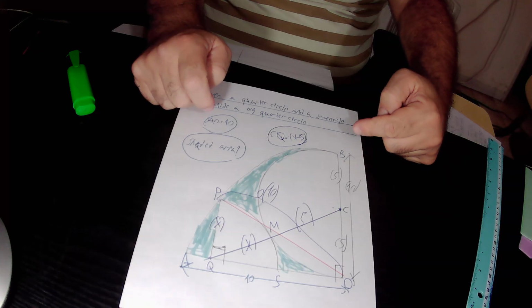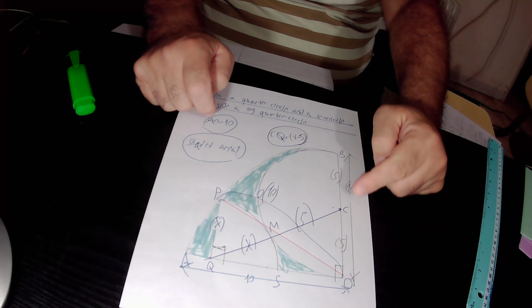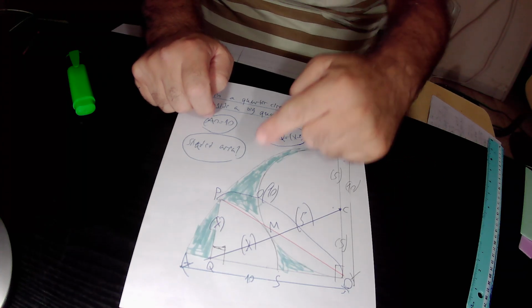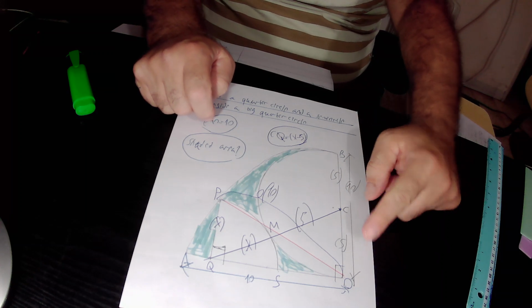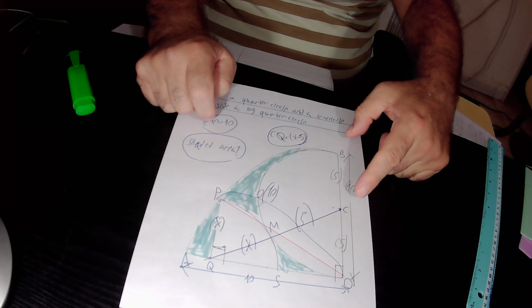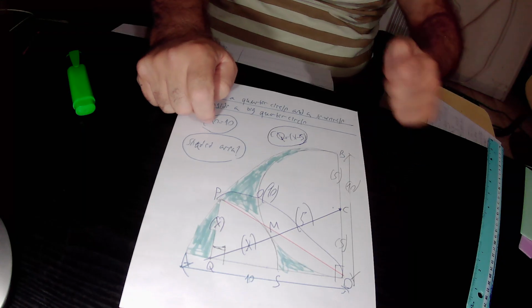So if the diameter of this semicircle equals 10, it means that the radius must be equal to 5. We define the center of this semicircle, this point, as point C. So CO is the radius of this semicircle, equal to 5. Likewise, CB is also the radius of this semicircle, equal to 5 units in length.